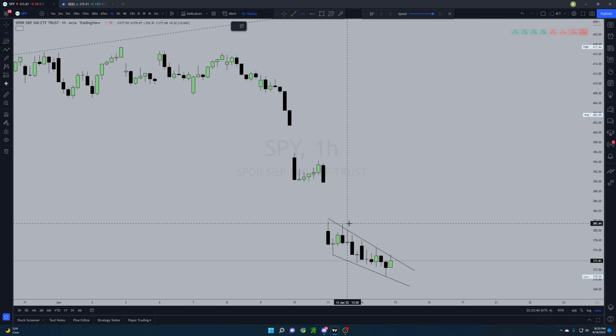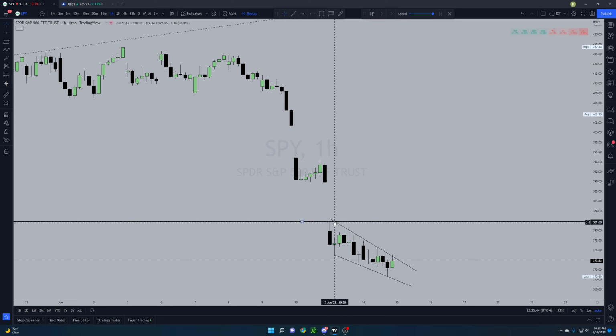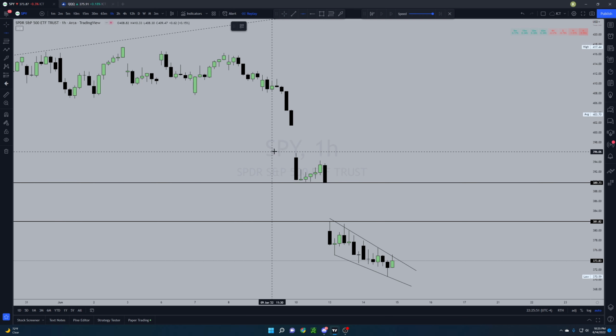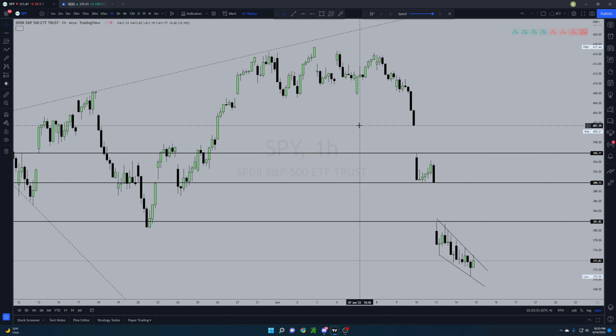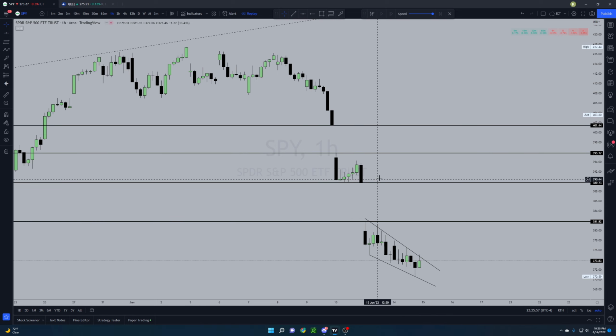My targets for highs obviously would be your previous high right there, and then you have the entire gap fill. So I would use this as my target, and then this as a target, right? And then this as a target. These are really easy just because of the gaps, the way they are.